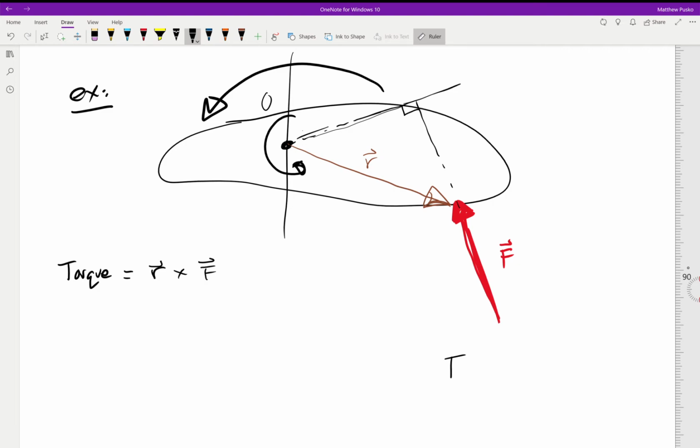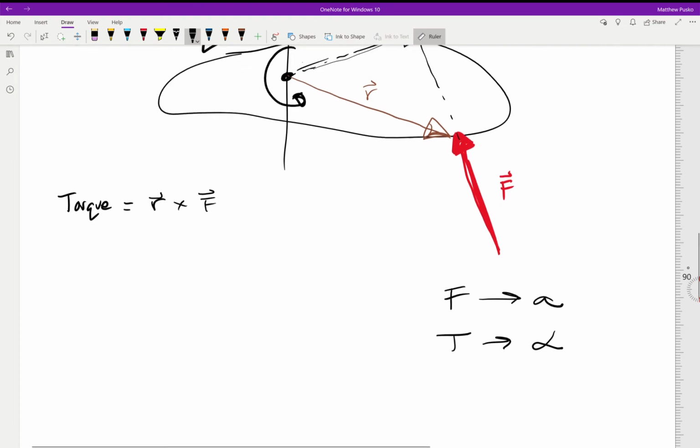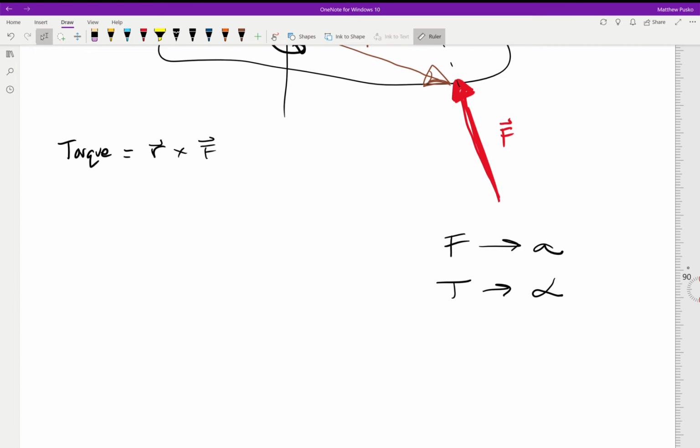And if forces are analogous to accelerations, we'll find out that torques or moments are analogous to angular accelerations, or alpha. So that's my example of when you would use the cross product, and there's plenty more, but I know that you guys already know about torque.